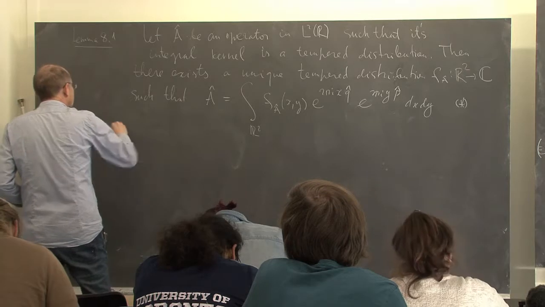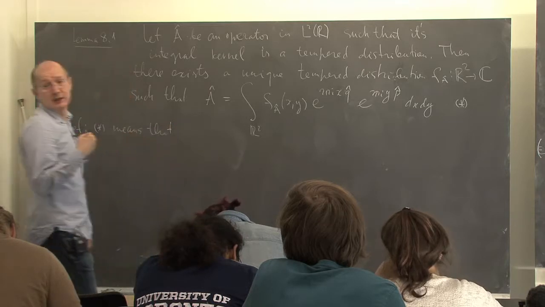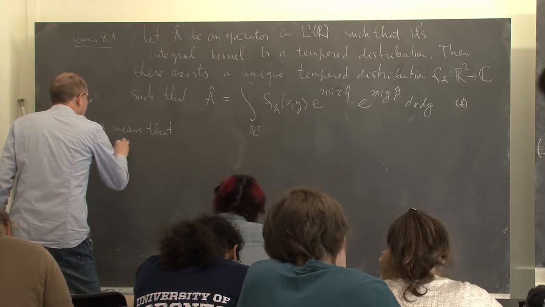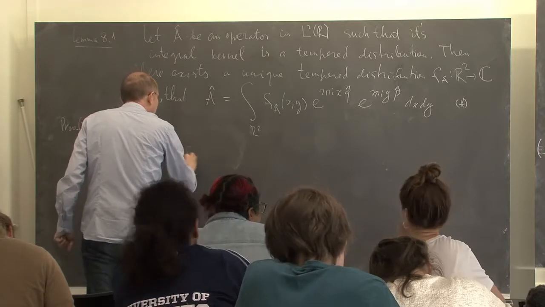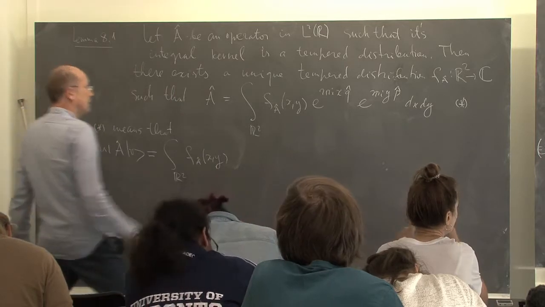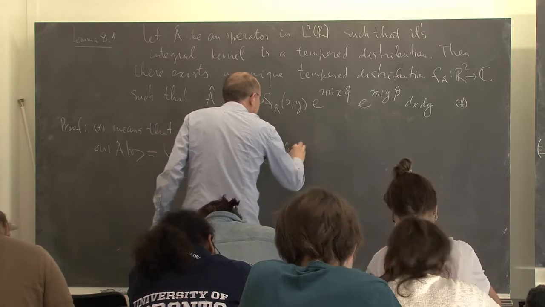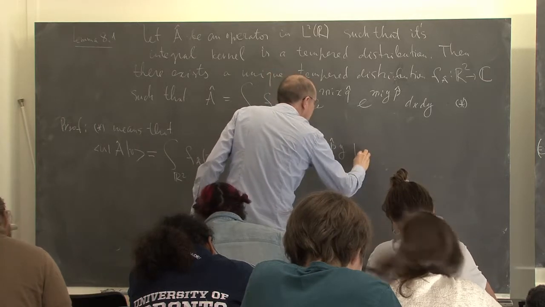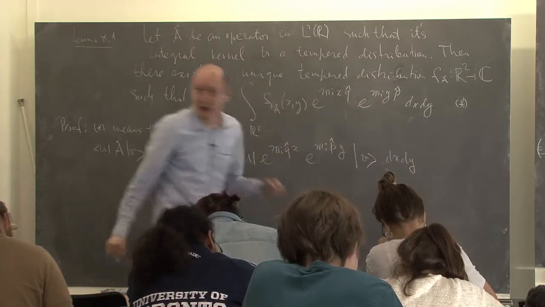The star means that the integral kernels are equal. Okay, so the kernel of A hat at u, v is equal to the integral over R2 of f_A of xy, u, e 2 pi I q hat x, e 2 pi I p hat y, v, dx dy. That's the meaning of that equation usually.